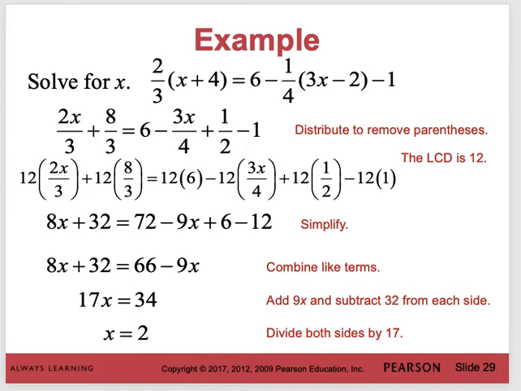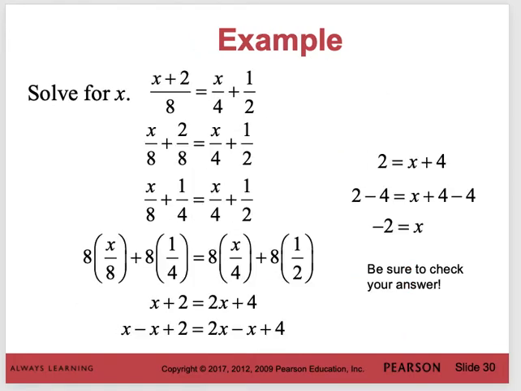So that way we are able to add them together. And then we can simplify our like terms, combining like terms, and getting our variable isolated on one side of our equal sign to solve for x. Again, here is just one more example.